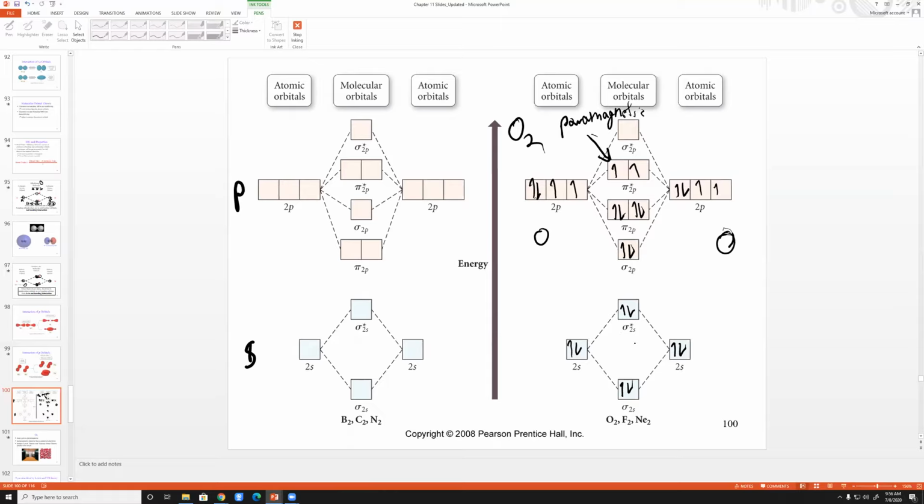It doesn't matter for these ones because they cancel out, but we need to count them anyway. So the bonding electrons: 2, 4, and then 5, 6, 7, 8. So it's 8 total bonding minus the anti-bonding, 2, 3, 4, which is 4. So 8 minus 4 is 4, divided by 2 is 2. So the bond order for O2 is 2.